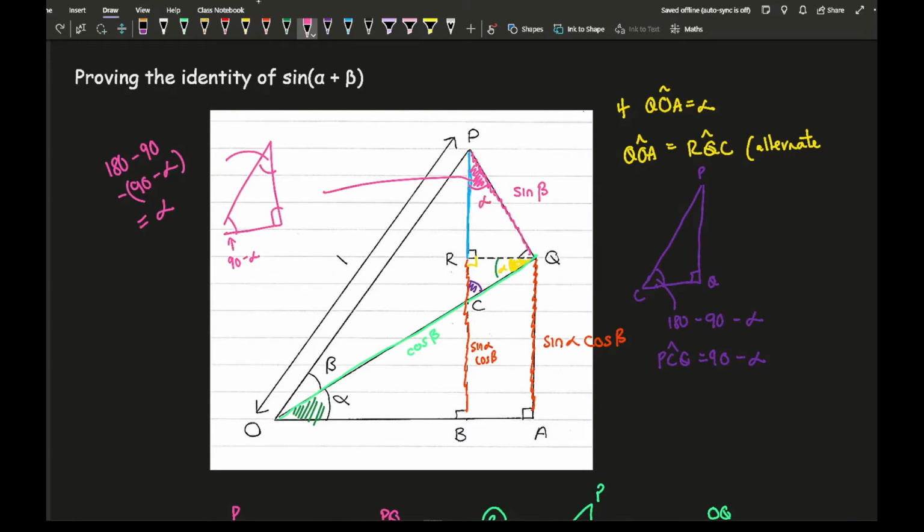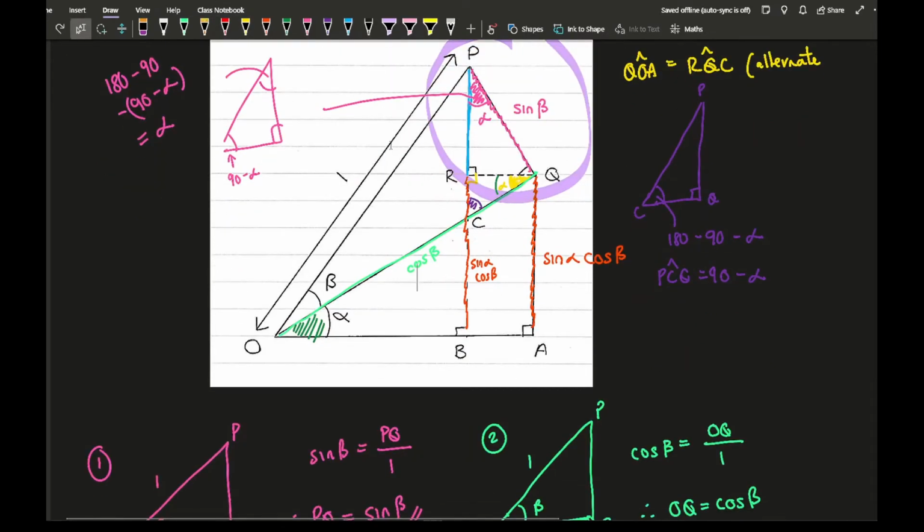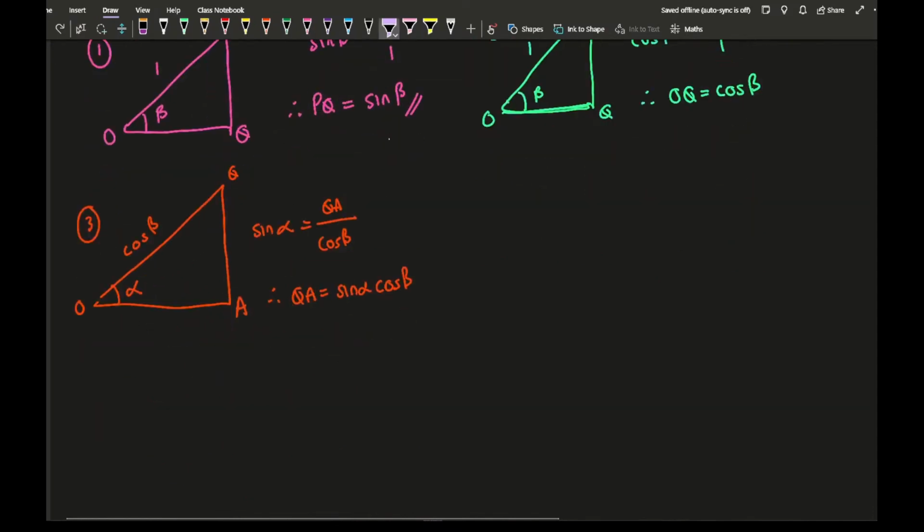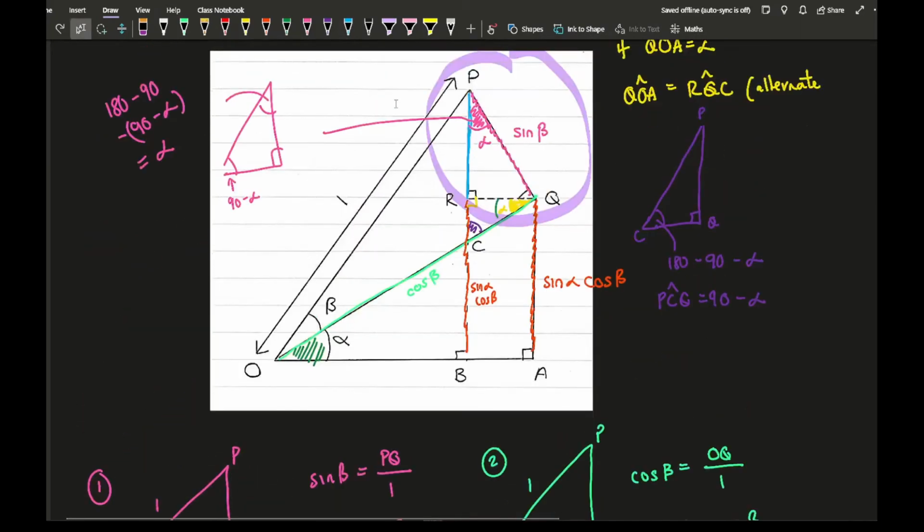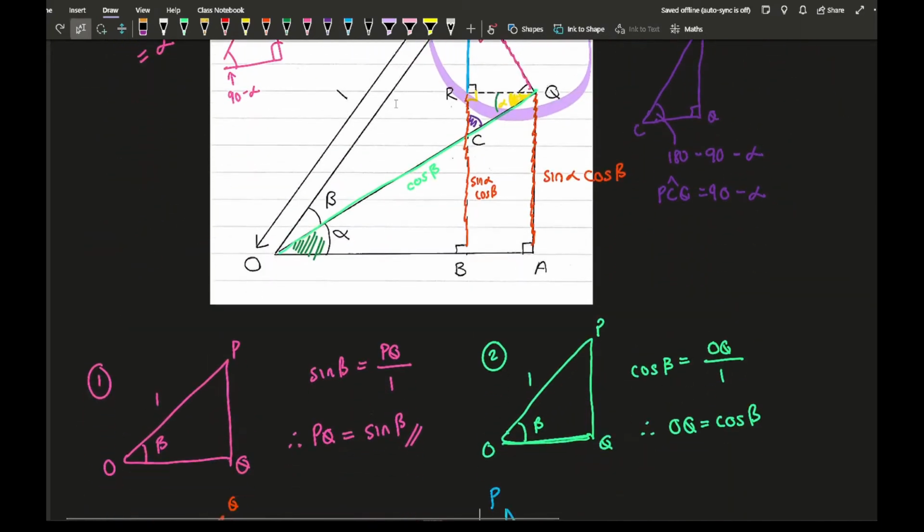Now from that, what I can then do is take this right angle triangle of PRQ, because what I need to do is find what P to R is going to be. So in terms of my next step, if I just take that triangle out, I know that this angle here is alpha. This is the length of P to R, which is what I'm wanting.